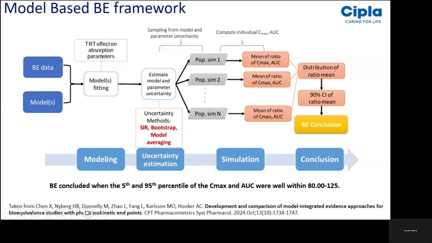The distribution of those ratios of means needs to be computed, and then the 90% CI of the ratio of the means will ultimately be calculated to conclude the BE. And BE is concluded when the 5th and 95th percentiles of the Cmax and AUC ratios are well within 80 to 125.